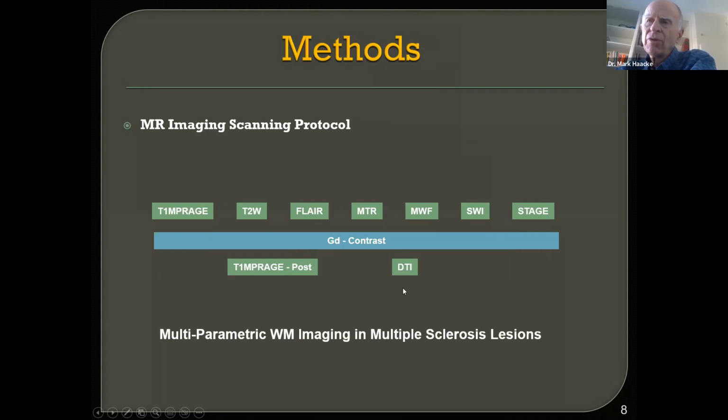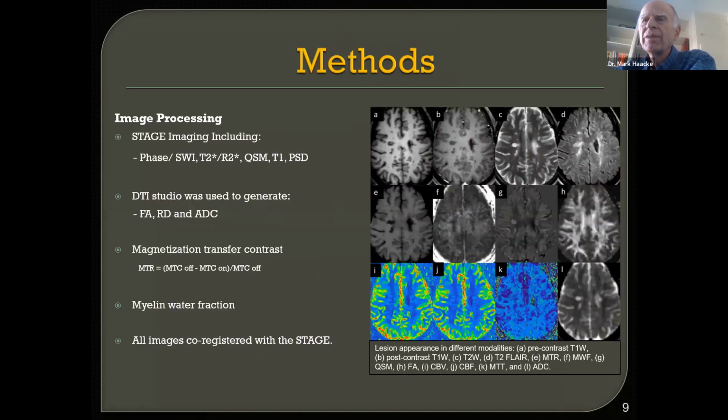So this takes a long time to collect this data. And those patients were in there for the hour, so they didn't complain how fast it was. And then the goal here is to look at multiparametric white matter imaging of the MS lesions.